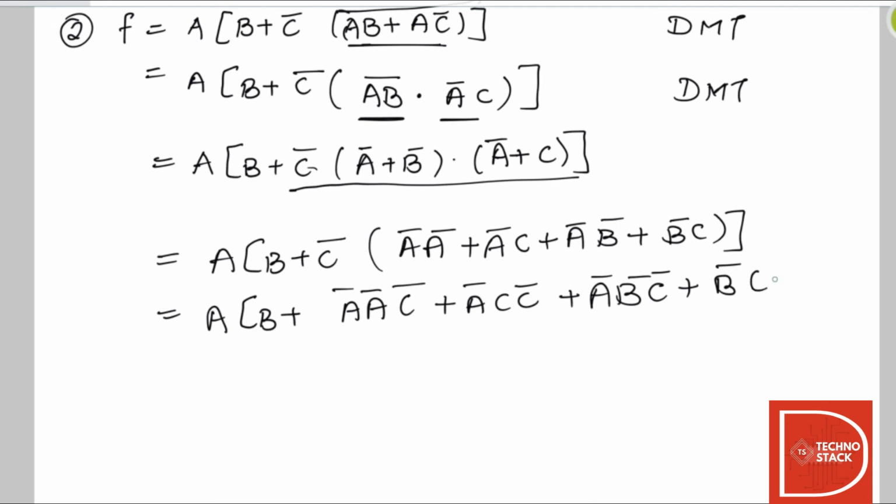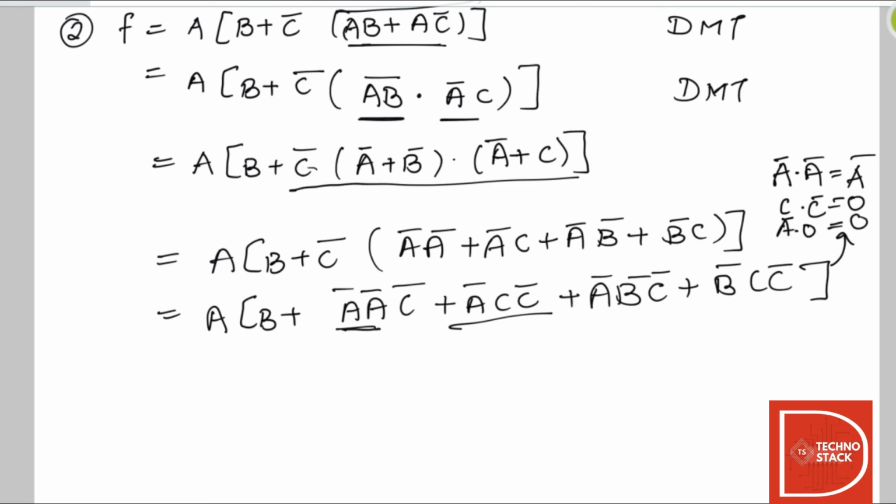Now there are three things that we'll do simultaneously in one step. First, ā dot ā is equal to ā; this is from the AND laws. Then c dot c̄, the complement, is 0, and anything that is ANDed with 0 becomes 0.